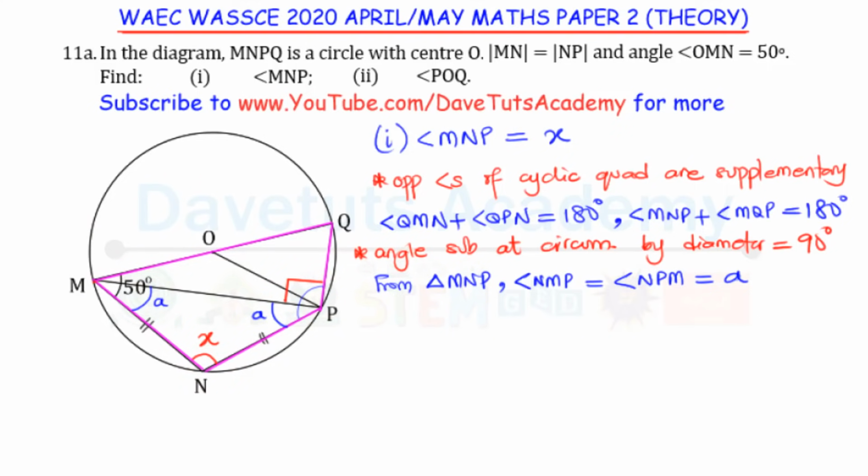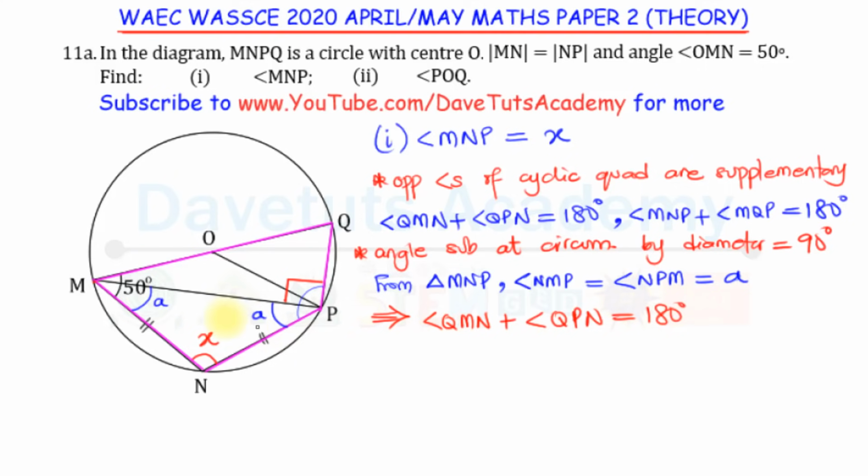And from what I've been saying all along, that means that I can say angle QMN plus angle QPN, which are opposite angles of the cyclic quadrilateral, add up to 180 degrees.